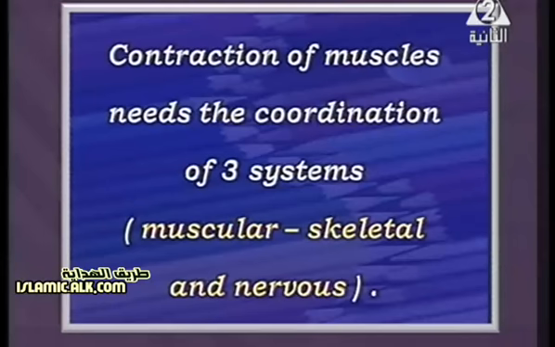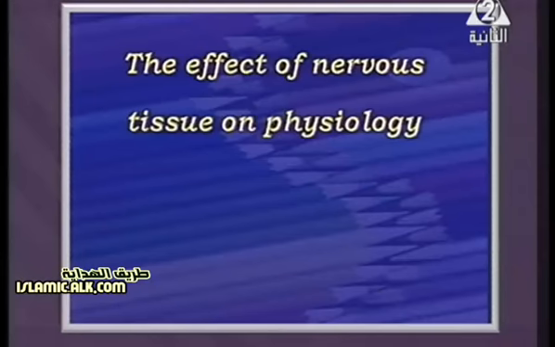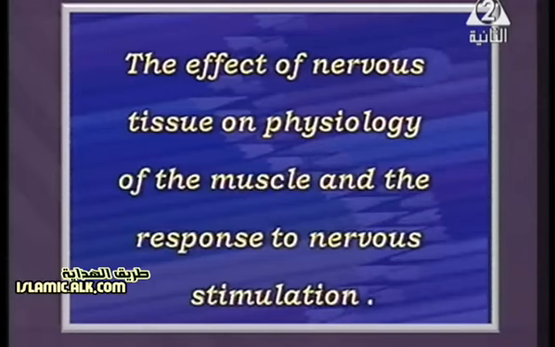I hope you agree with me on this part. The effect of nervous tissue on the physiology of muscles and the response to nervous stimulation has 5 or 6 steps. We're going to illustrate them in detail.